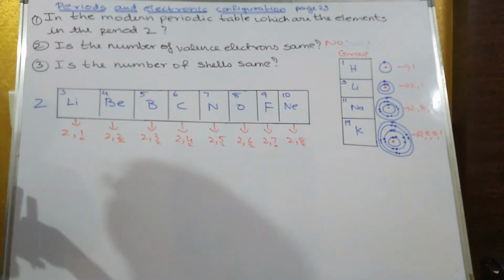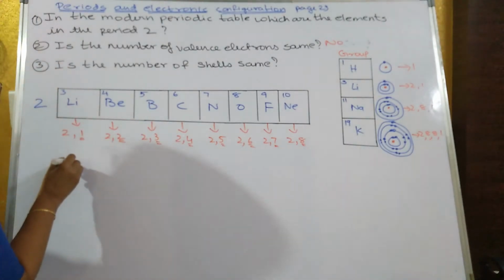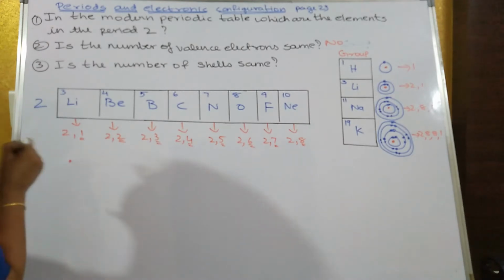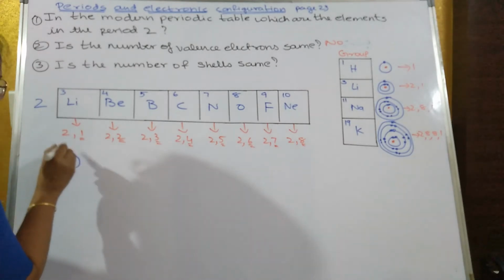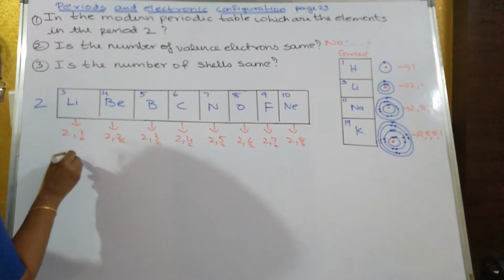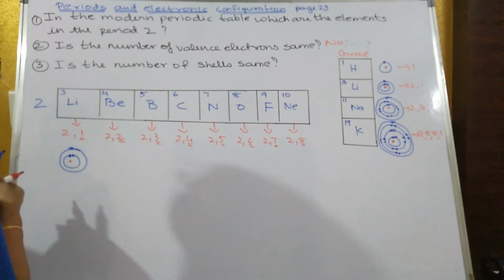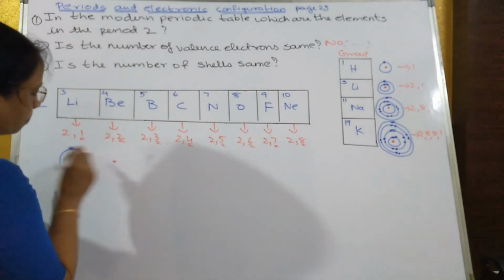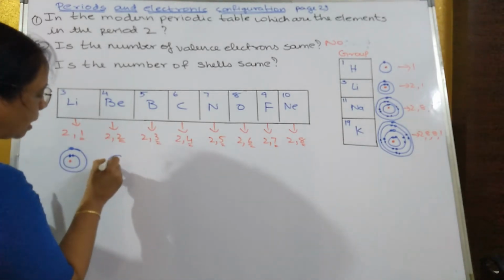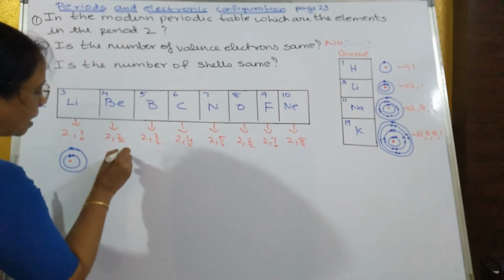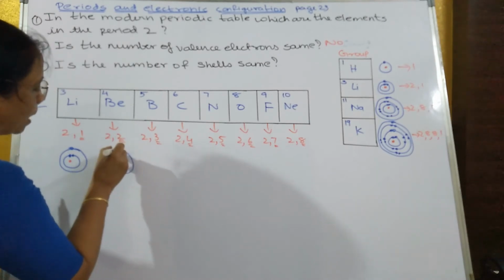Now let us draw this. This is a nucleus. Now how many shells will it be having? Only 2 shells. In the first shell 2 electrons are there, and in the next shell only 1 electron is there. Now in the first shell 2 electrons are there, and in the next shell 2 electrons are there.